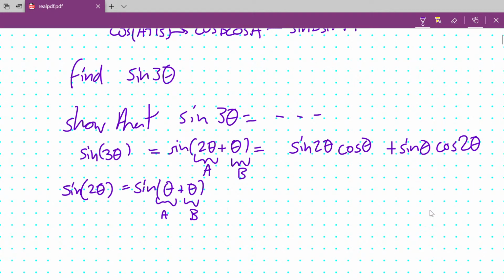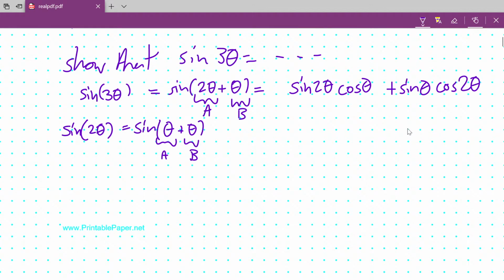And what do we do from here? Well, we need to find sine 2 theta and cos 2 theta. So firstly, sine 2 theta, taking it as sine theta plus theta, is going to be sine theta cos theta plus sine theta cos theta.